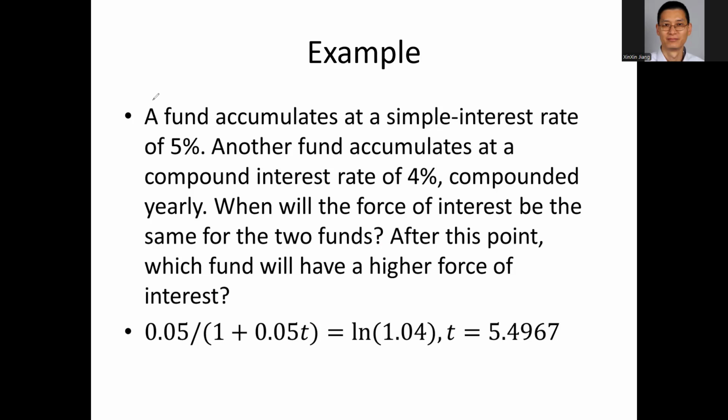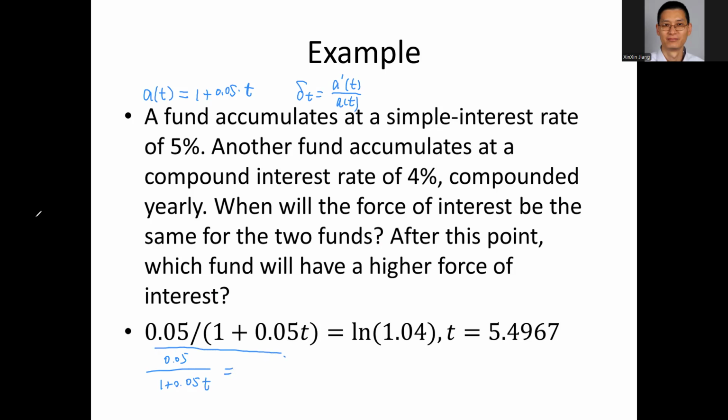A of t for the simple interest, we have 1 plus rt, okay, 1 plus 0.05 times t. We did this earlier for the force of interest, but we can do it again. It is A of t differentiated. So delta of t equals A prime t over A of t, which equals 0.05 over 1 plus 0.05t. That's the left side.